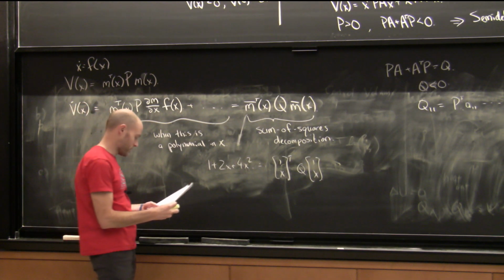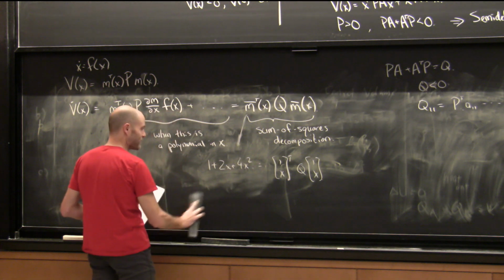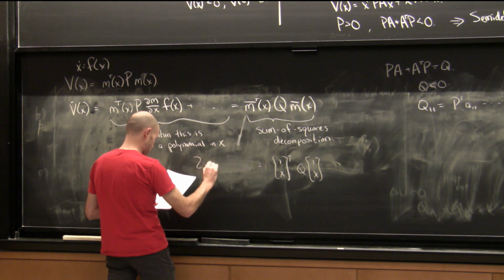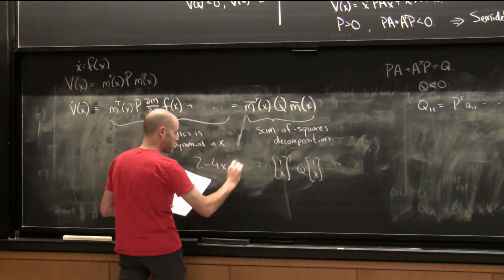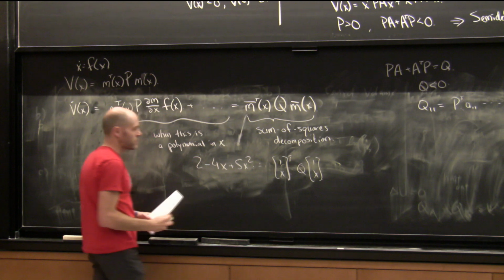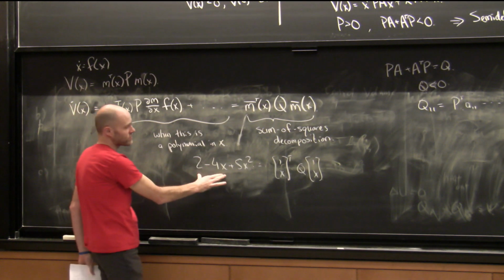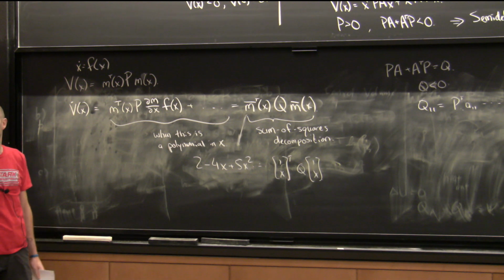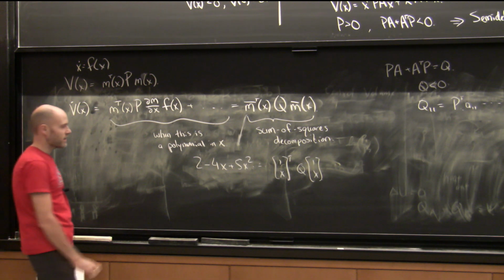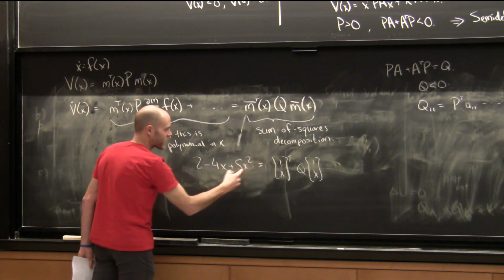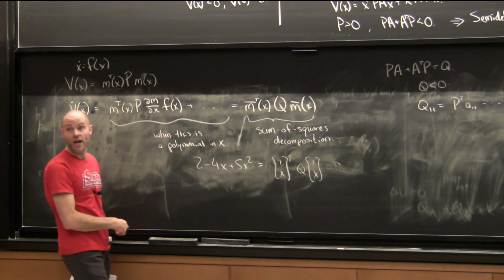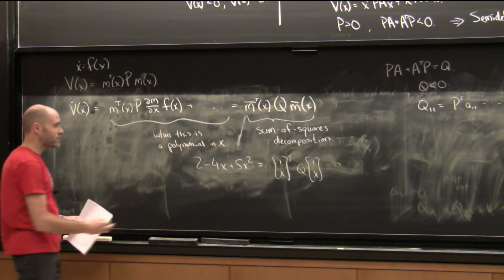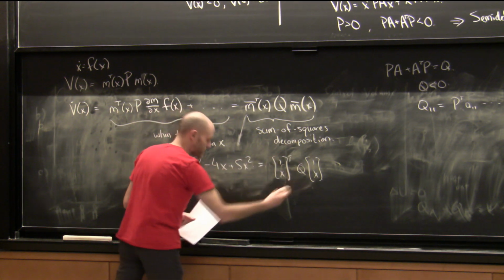I picked a very bad one here, so that one is obviously positive. The one I actually thought about was 4x plus 5x squared. If you were to just look at this and ask, is that positive for all x? I think you could work it out without too much trouble. You would maybe take the minimum over x, because you know this is positive. But I can also convince you of it really quickly by doing a sum of squares decomposition.